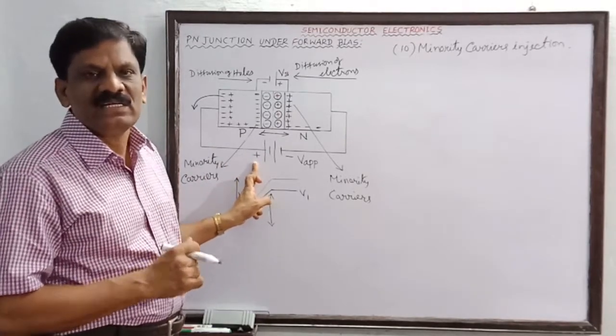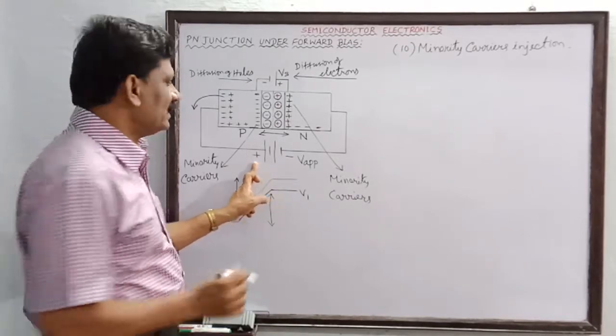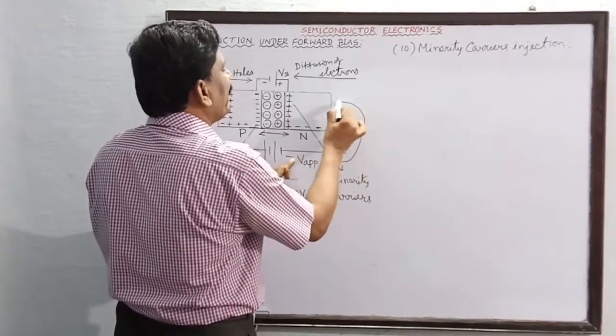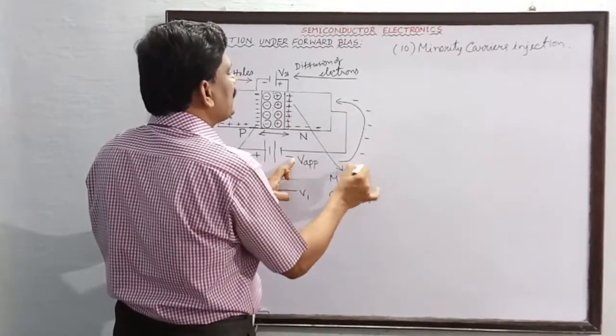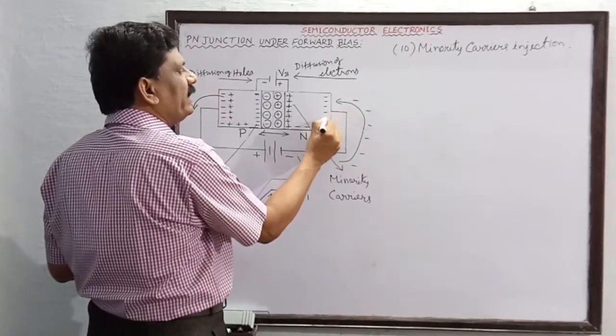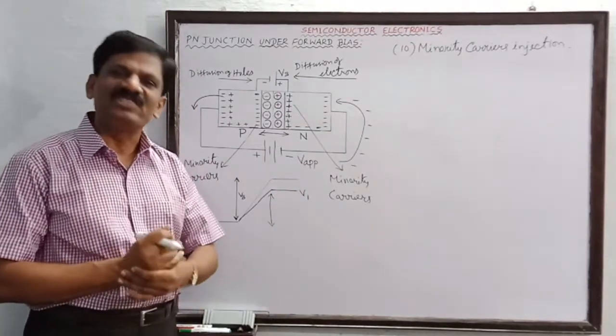Understand, students? Simultaneously, what is also going to happen? There will be a supply of free electrons like this throughout this circuit, and these free electrons will enter the N region again. This is on the basis of the law of conservation of charge.